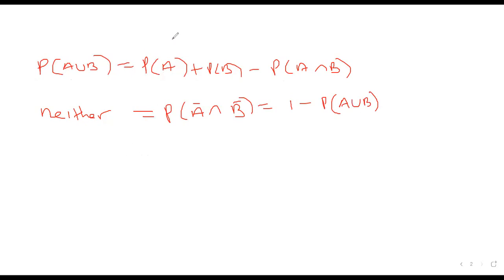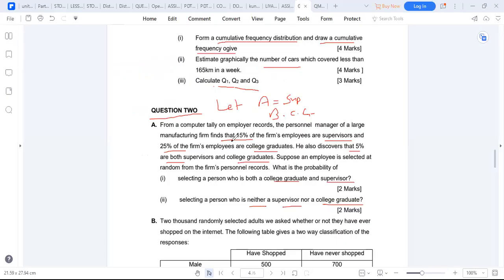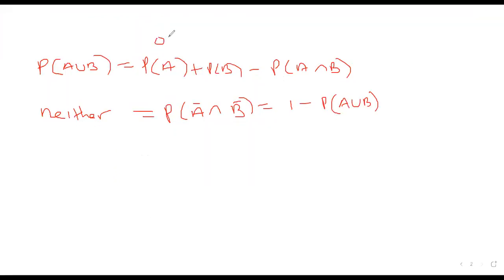We know that the probability of A was 15%, the probability of B was 25%, and the intersection was 5%. So supervisors A, 15%. College graduates, 25%. Then we remove the intersection, which is from both.